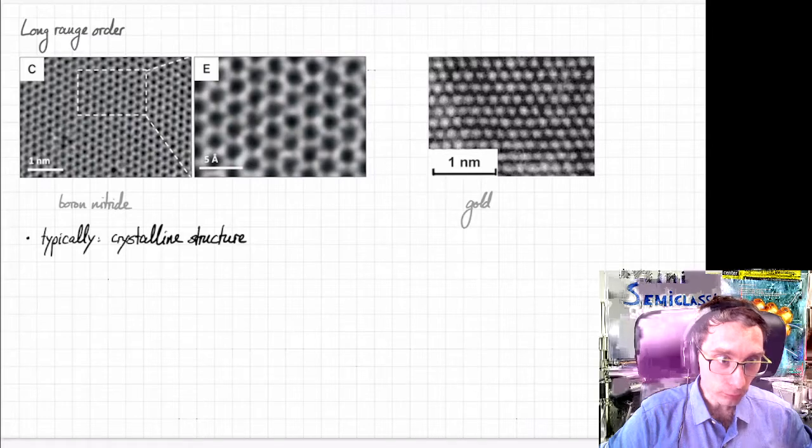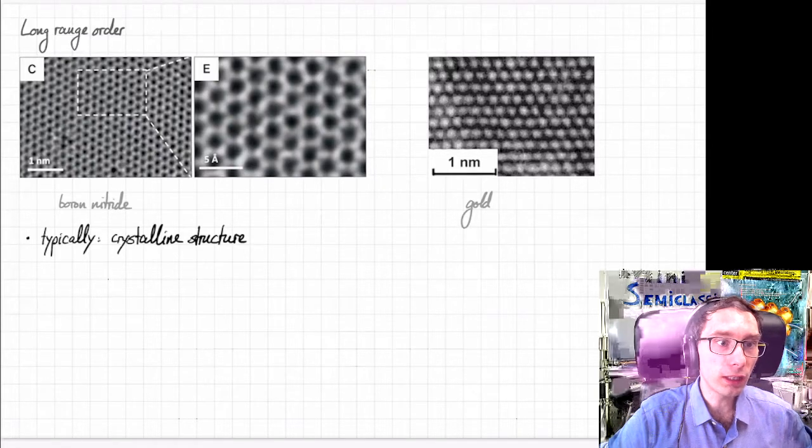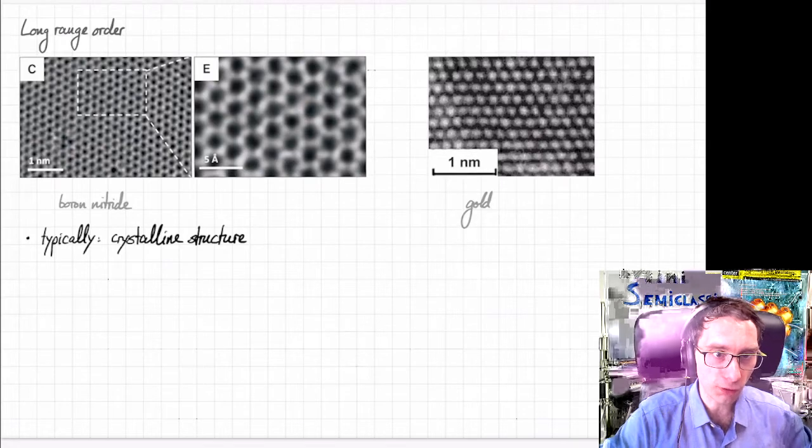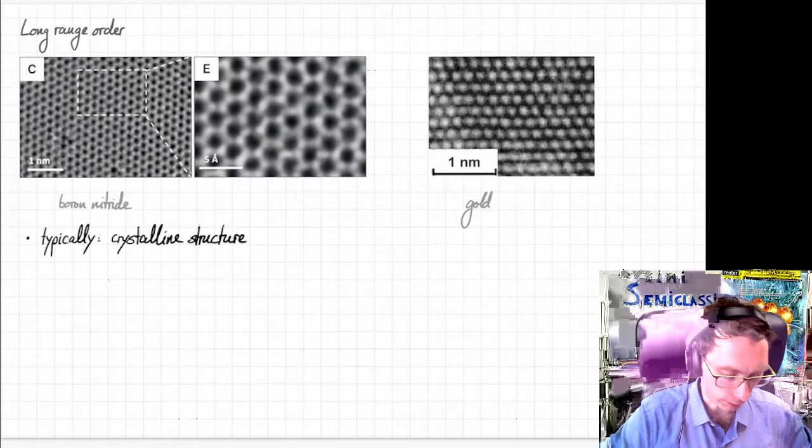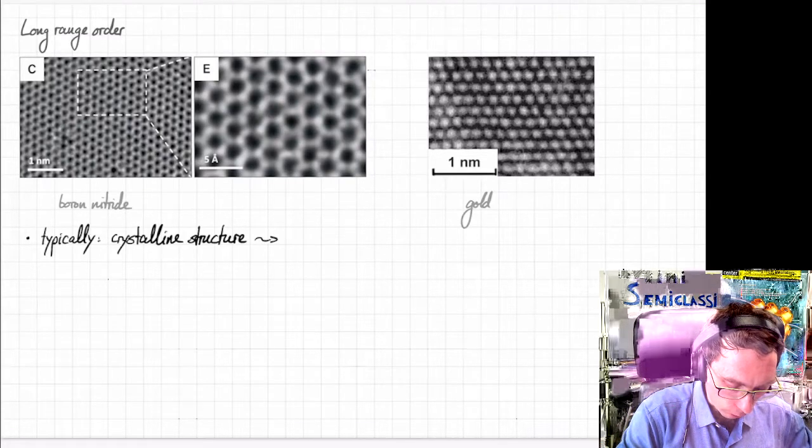So I will only treat materials that have, at least to good approximation, a nice crystalline structure. And I will use this idealization.